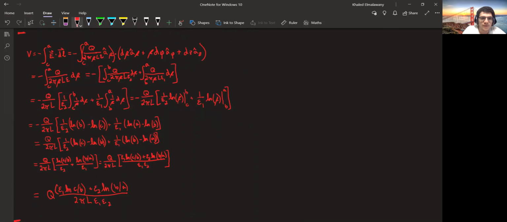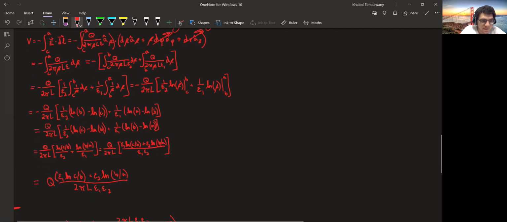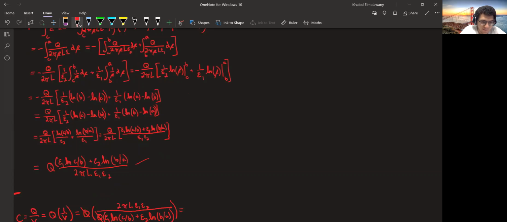And as such, you can notice that the phi and the z components, at least in cylindrical coordinates, will be 0 just due to the dot product as you see in the next step here. Now moving on, you notice that the dielectric constant is not the same for both cases, so you have to take that into consideration and separate them.